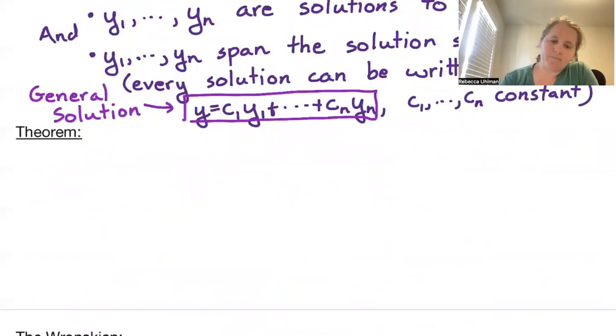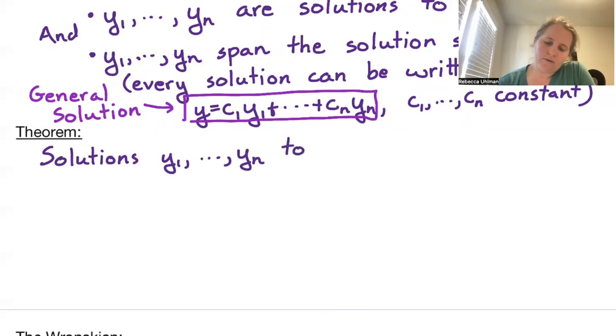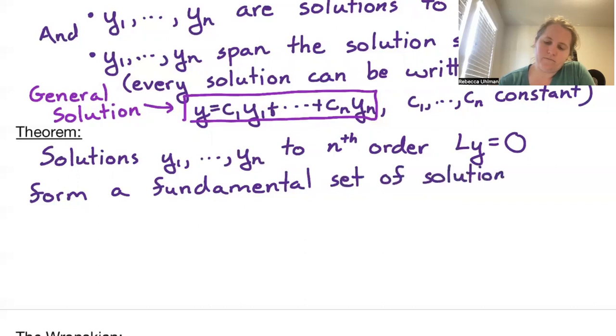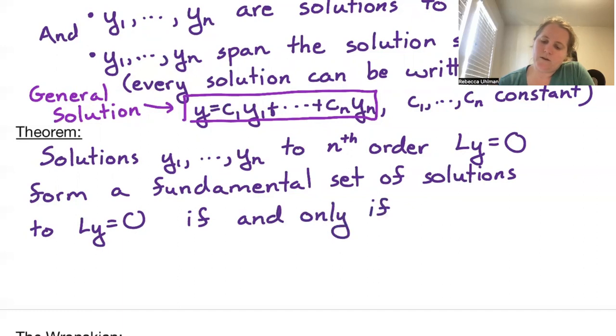We get a quick theorem which says that solutions y1 through yn to the nth order Ly equals 0 form a fundamental set of solutions to Ly equals 0 if and only if the y1 through yn are linearly independent.